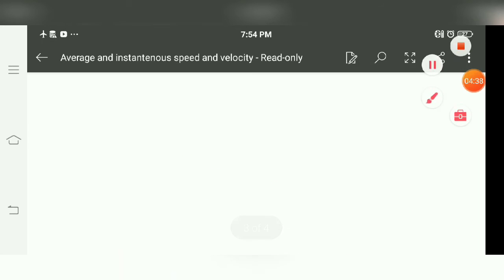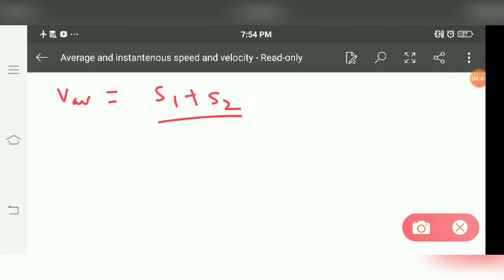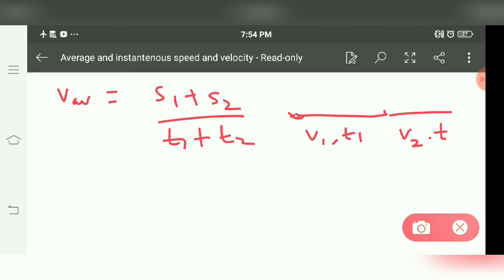Now the next case. Again we know the average formula is s1 plus s2 by t1 plus t2. But in this case, suppose displacement is not given but velocity is given, meaning it covers the first displacement with velocity v1 and time t1, and the second with velocity v2 and time t2. Now we know that velocity is displacement by time taken, so displacement is velocity into time taken.